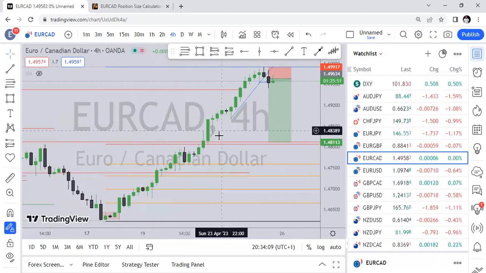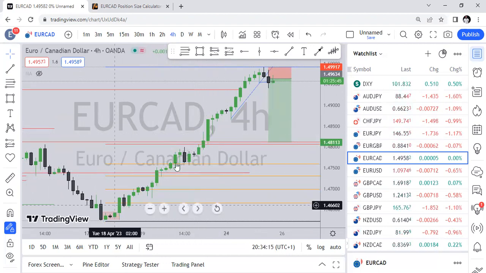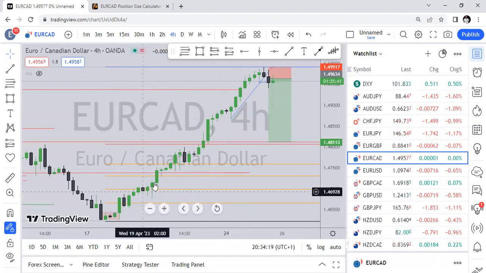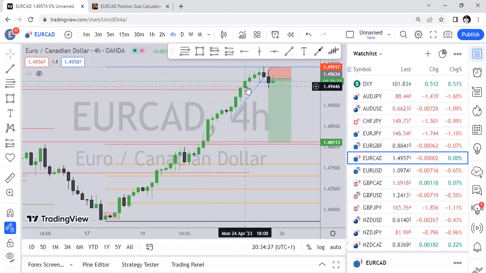The green here, according to the way I set my TradingView, represents when the market is going up. So when you see a move like this, you just see green candles all going up, up, up. It signals that there is bullish momentum.